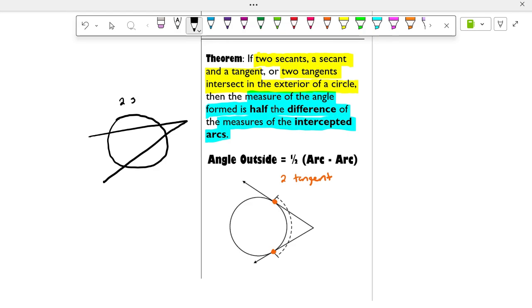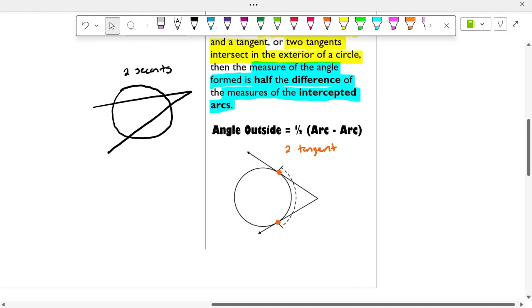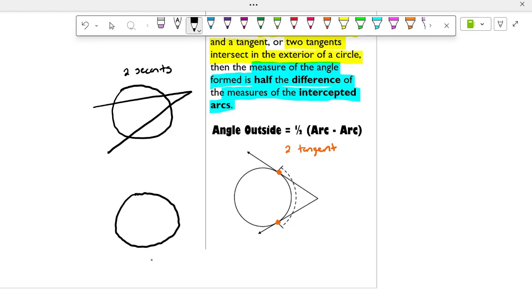So that's 2 secants, if I could spell secant correctly. You could also see it as a combination of a tangent and a secant. So here's the tangent, and there's the secant. I drew that line too long. So that's the other way you could see it.